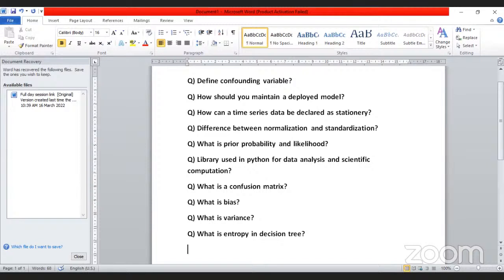Okay. Now, in a decision tree algorithm, entropy is measured just only the impurity of the data, right? Or the randomness of the data. Means entropy is just telling us how pure or how impure the data set is, right?